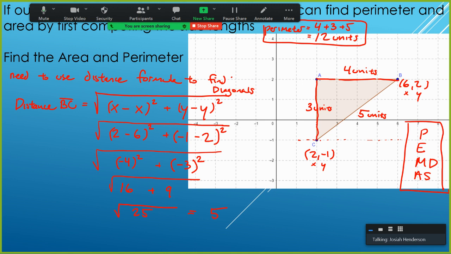Let me change my color to purple. Since we have a perpendicular right here, the side of 4 and the side of 3 are perpendicular because they're on the vertical and horizontal lines. Let's make one of those the base and the other the height. Let's make the 3 our base, and this 4 units is the height. If we were to rotate this, 3 would be our bottom or base, and 4 would be our height.